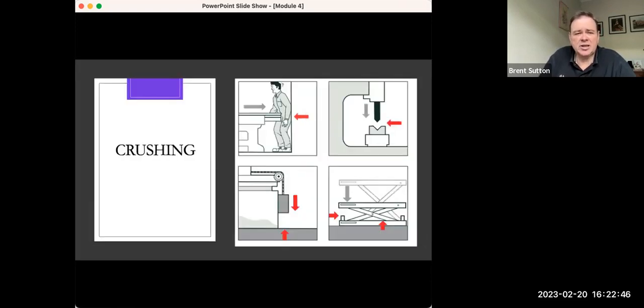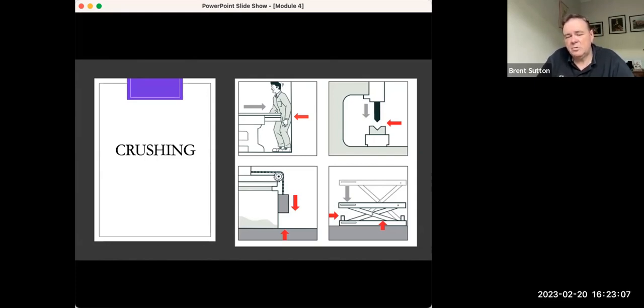When we think about crushing, crushing is basically when a worker can be caught between a moving part of the machine and a fixed object in this example. So for instance, there's a reason why machines need to have spacing of 600 millimeters.